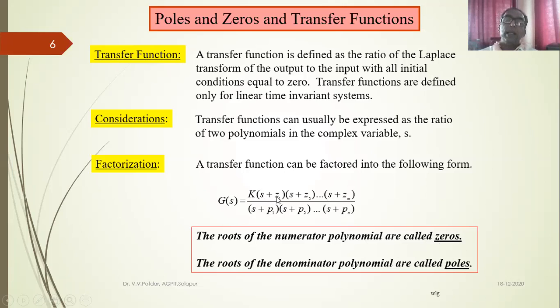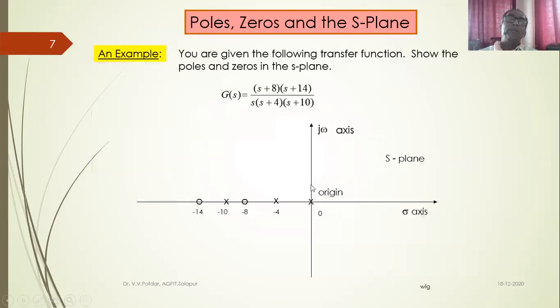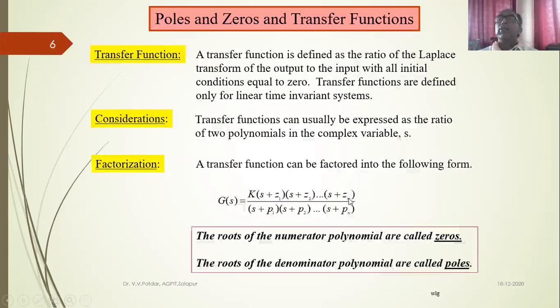Now here what is written? s+z1. So s+1 is the first zero of this polynomial, s+2 is the second zero, and s+3 is the third zero. So there was s into (s+1)(s+2)(s+3). So 1, 2, 3 are called the 3 zeros of this polynomial.